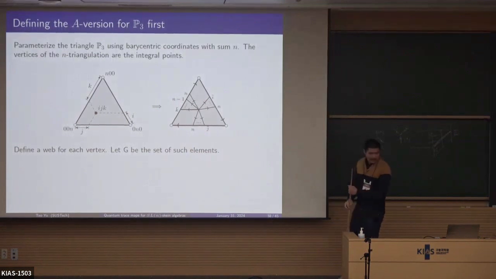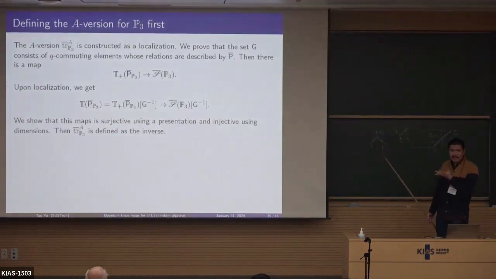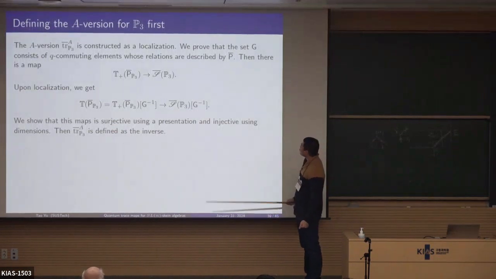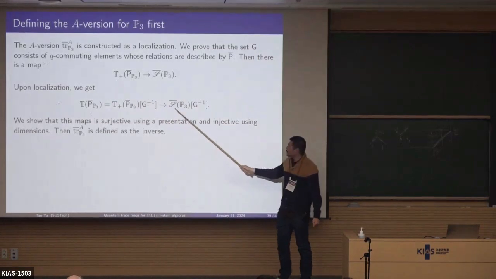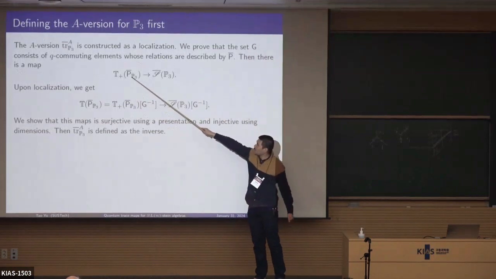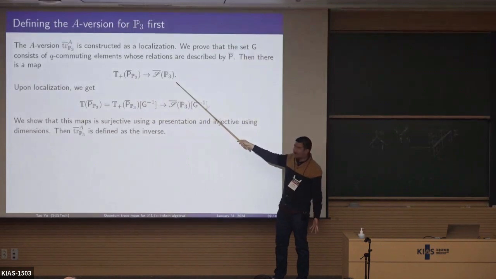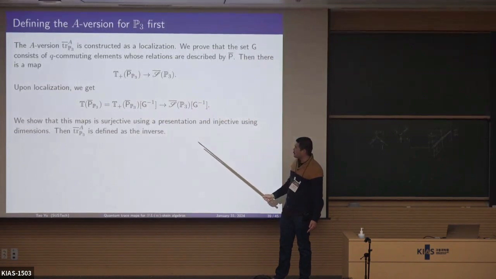And the claim is we can take these elements and go through Muller's construction, and it will give us a quantum trace map for the triangle. The set of elements of that form, which I denote by G, have Q-commuting relations described by the matrix P. Well, we didn't directly prove that it's an embedding, but it maps into the reduced skein algebra.